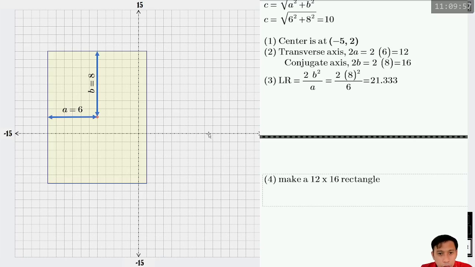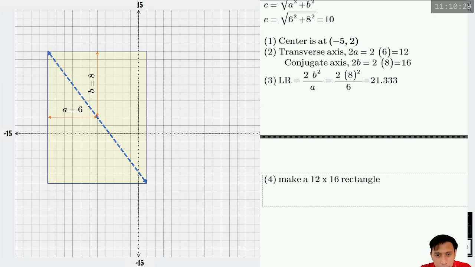Through this we can make the asymptotes. Connect the corners. These are what we call the asymptotes.